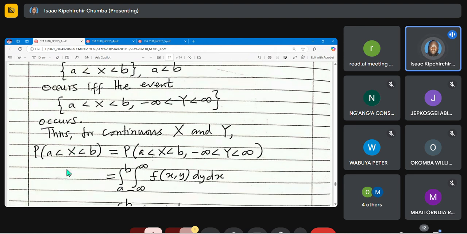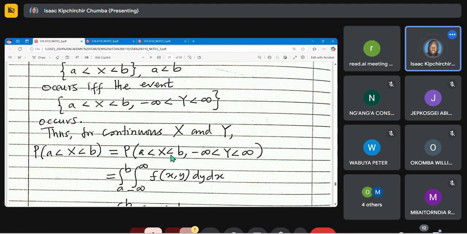You can see the first event is in terms of the random variable X, so this is actually a marginal probability. But on the right-hand side, it is in terms of the two random variables, so it is a joint probability, where X is constrained to lie in the interval AB and Y is not constrained. It is just in R.